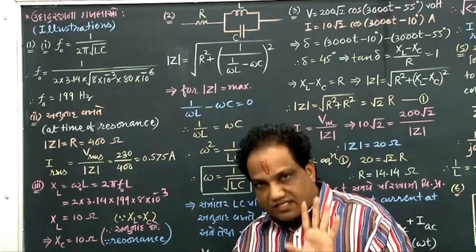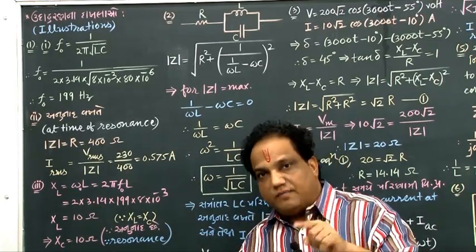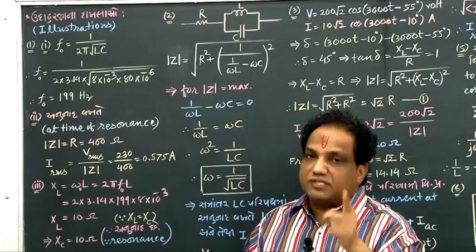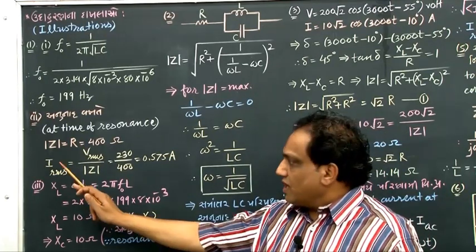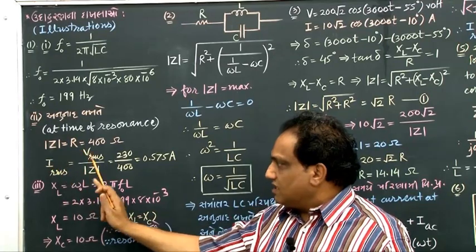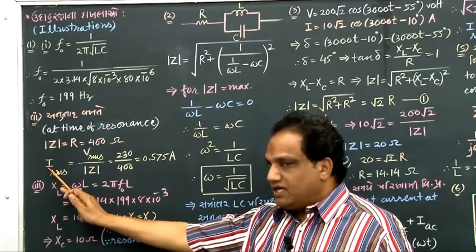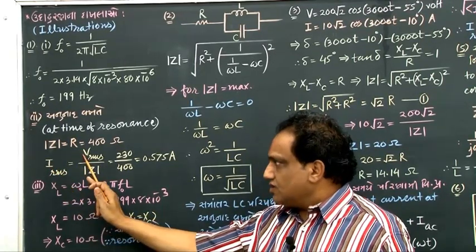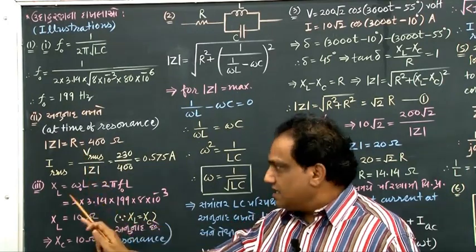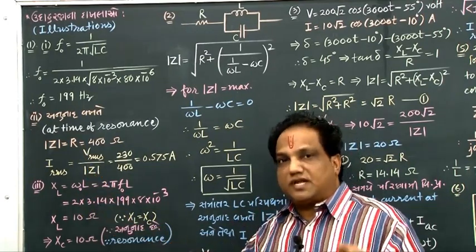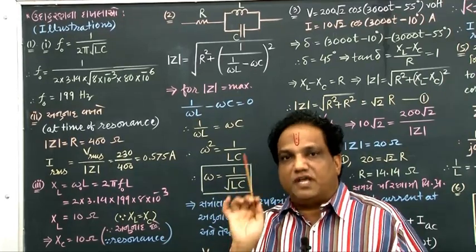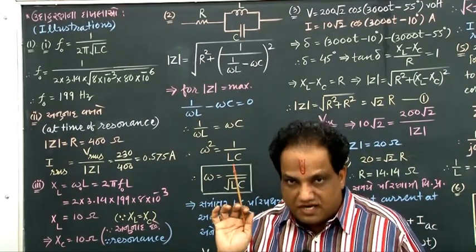In case of AC circuit, current means RMS value of current, voltage means RMS value of voltage. So according to Ohm's law, current equals voltage upon resistance. Instead of I, you just write IRMS. Instead of V, you just write VRMS. And instead of R, you just write the magnitude of complex impedance of the whole circuit.